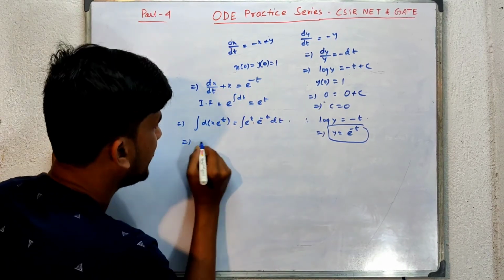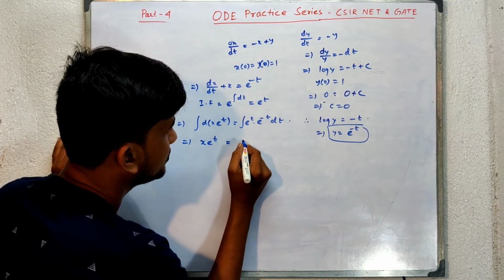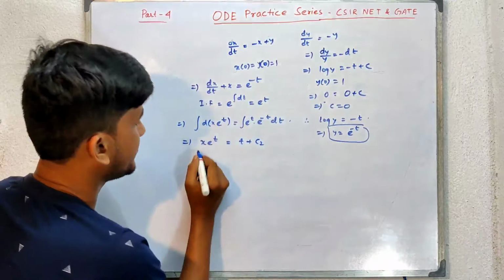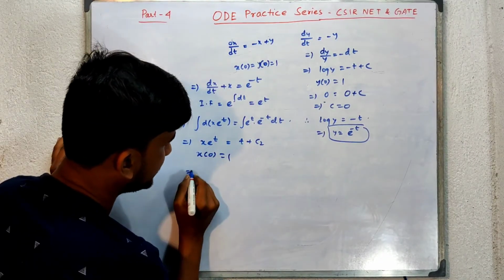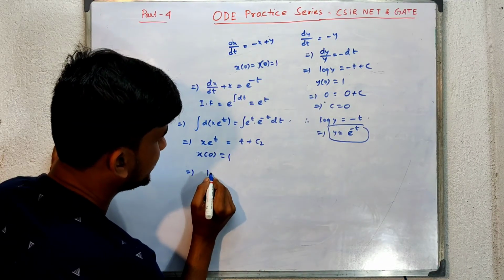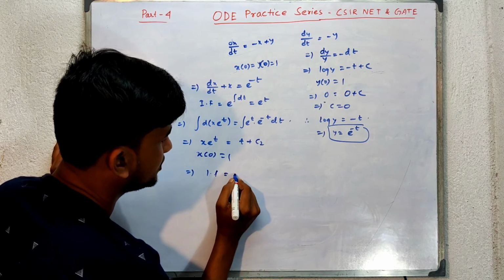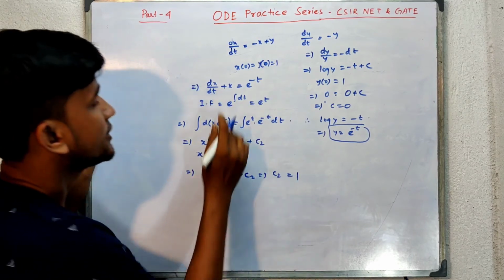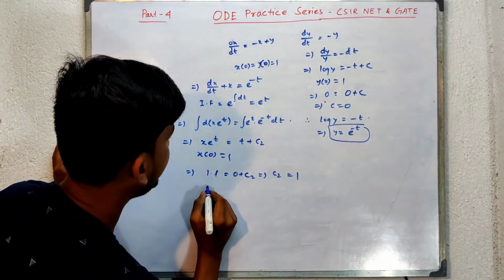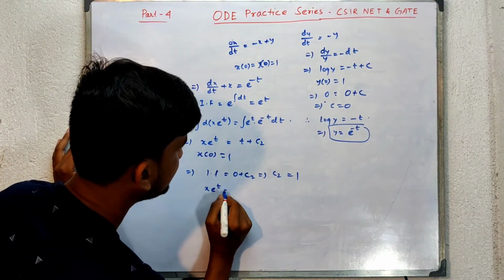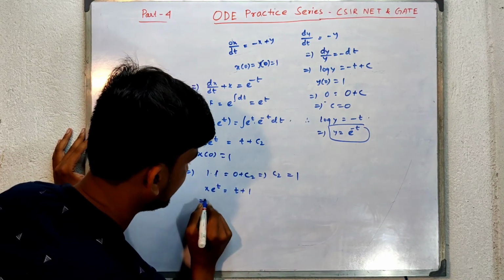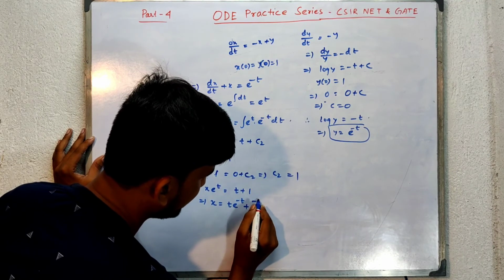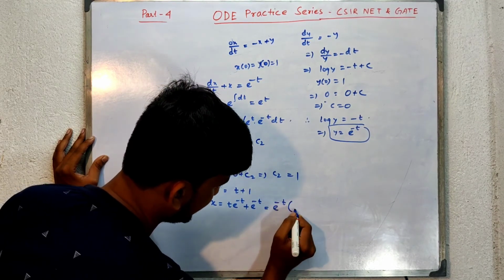This implies x e^t = t + c2, suppose. Now apply the condition x(0) = 1: 1 into e^0 = 1 = 0 + c2, so c2 = 1. Therefore x e^t = t + 1. This implies x = t e^(-t) + e^(-t), which is equal to e^(-t)(1 + t).